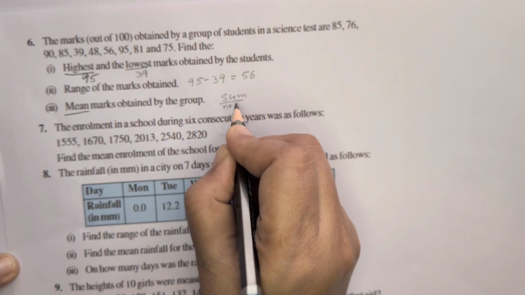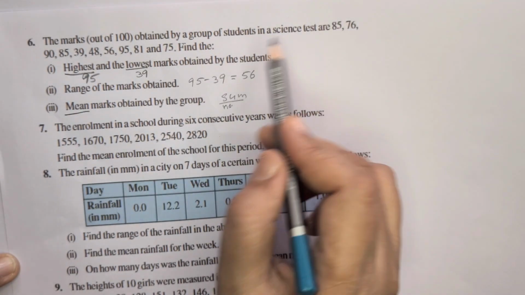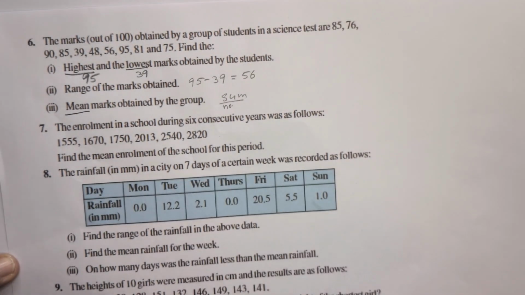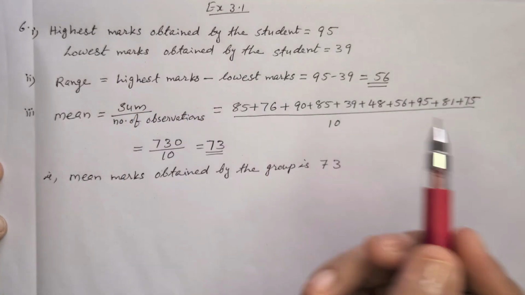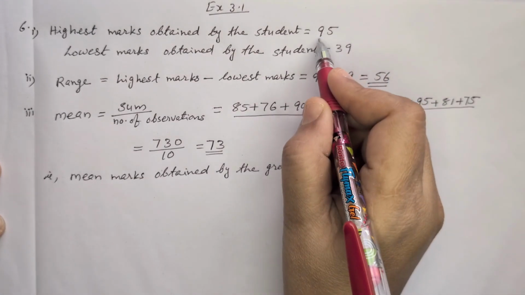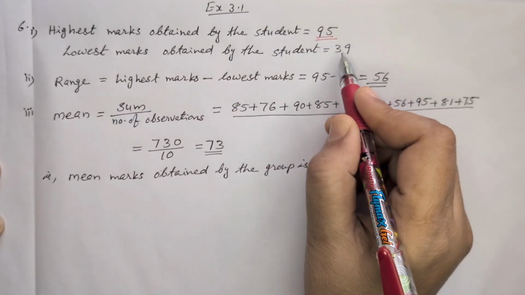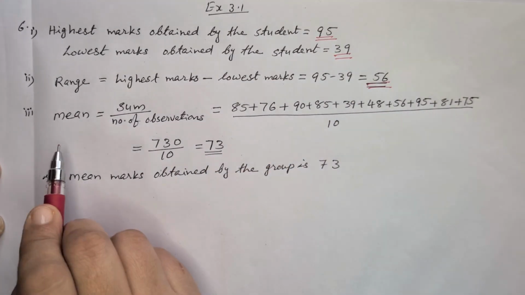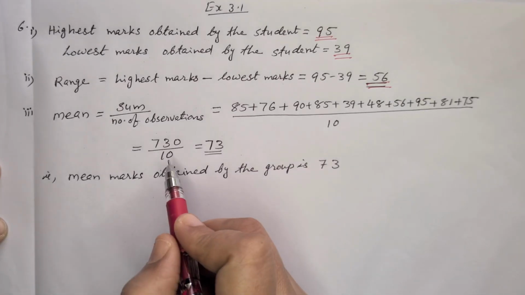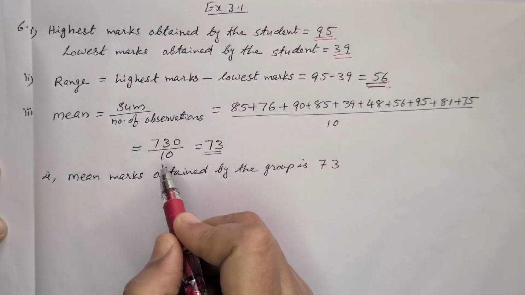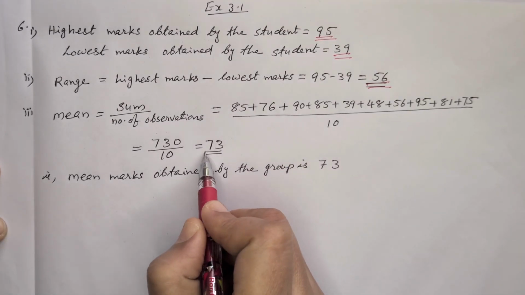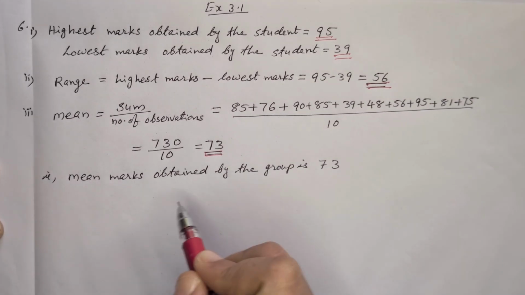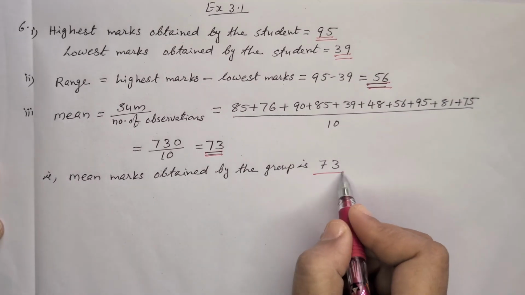Here number of observations is 10, so divide by 10. Highest marks is 95, lowest mark is 39, range is 56. Mean is sum divided by number of observations, 10, that is 73. Then mean marks obtained by the group is 73.